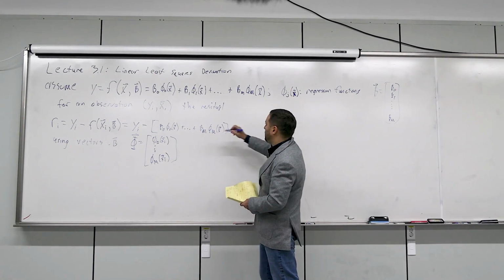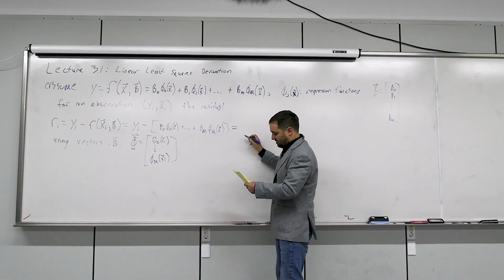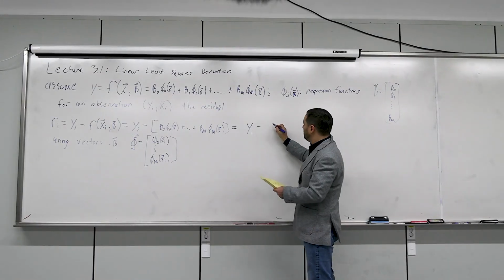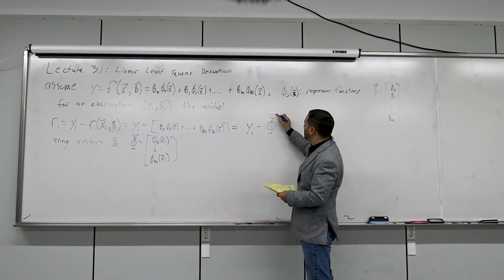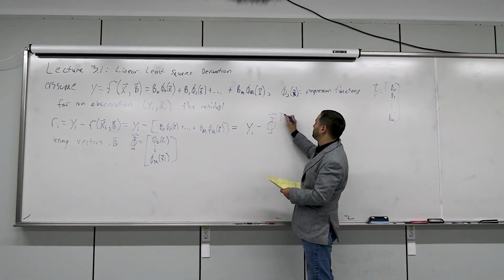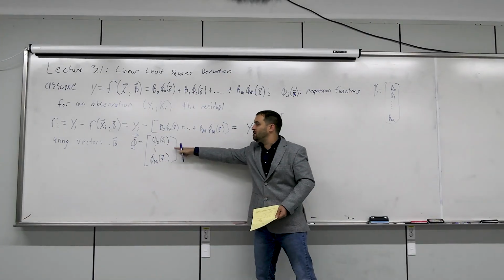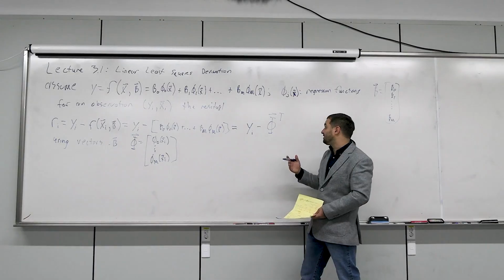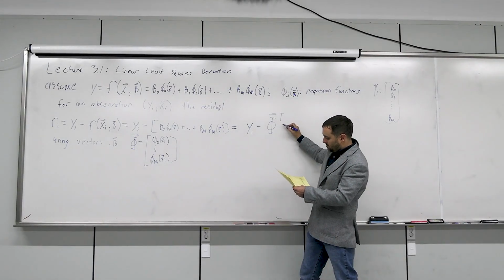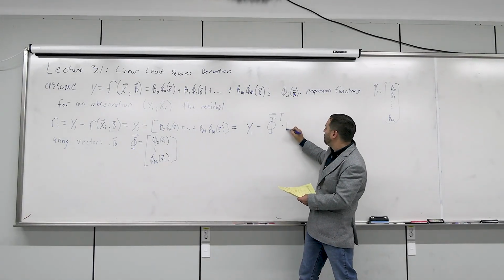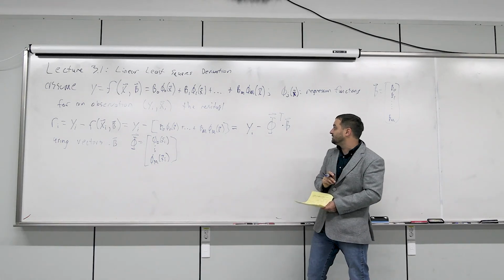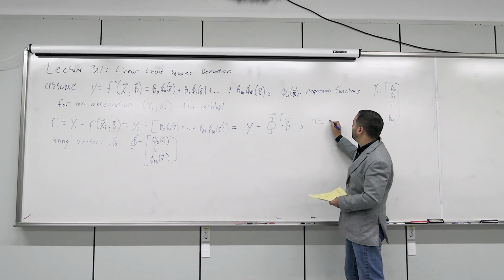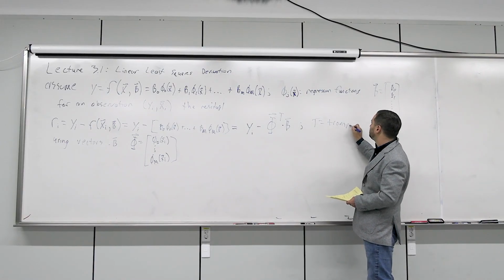We can now rewrite our residual as y_i minus our vector phi, but we're going to use the transpose. If you take a transpose of a row vector, it turns into a column vector, dot product with our vector of betas, where T equals the transpose.